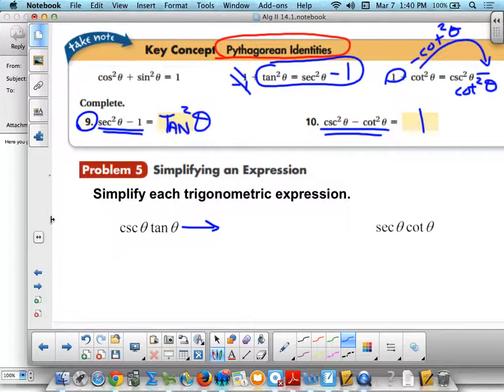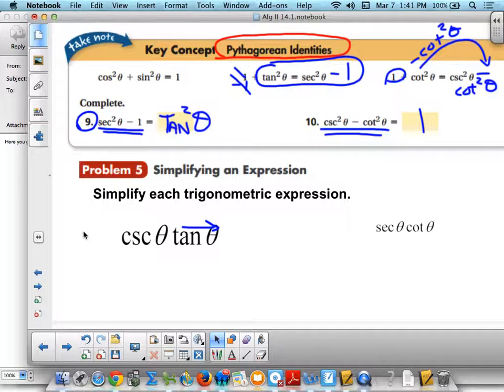If you guys are changing things to secant and cotangent and all that, that's just messy. You are right that this is this, but I want everything to be sine or cosine. Get tangent out of it. I need everything to be sine and cosine. So what is this?